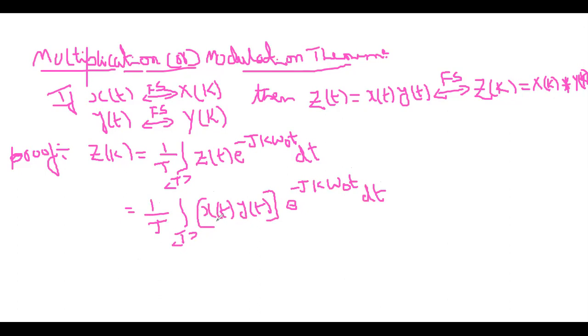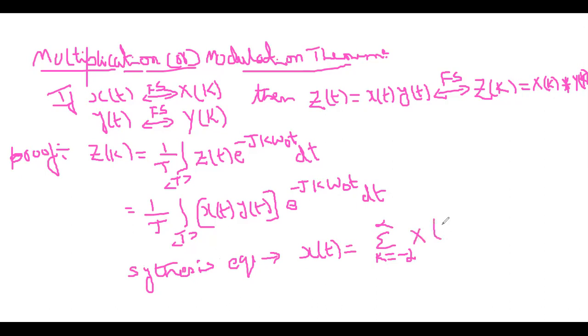In this, you can substitute the x of t by the synthesis equation. On the synthesis equation, x of t is equal to the sum of k equal to minus infinity to infinity, x of k, a positive exponential, e power plus jk omega naught t.